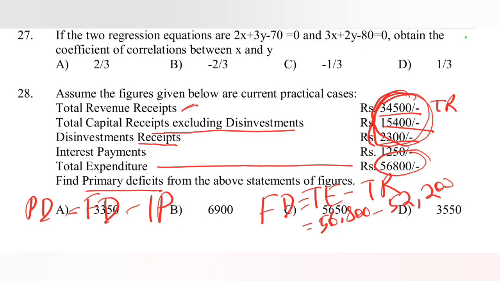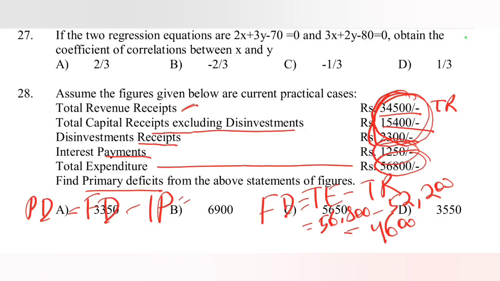52,200. So 56,800 minus 52,200 is equal to 4,600. So fiscal deficit is equal to 4,600. So primary deficit is equal to fiscal deficit minus interest payment. Interest payment value is equal to 12,050.